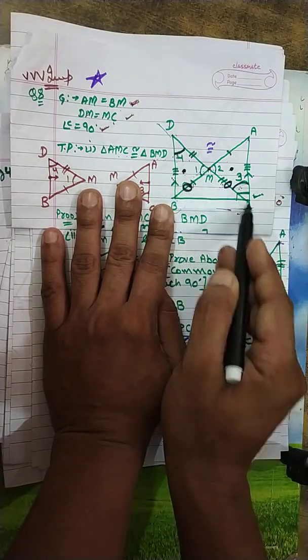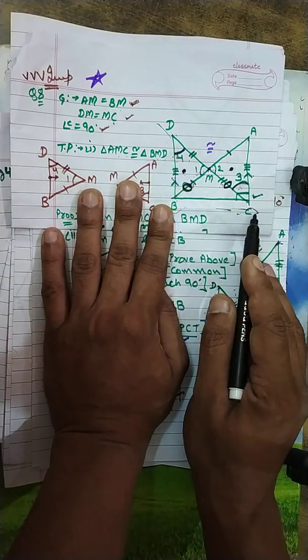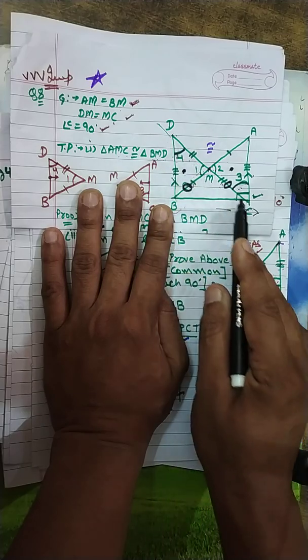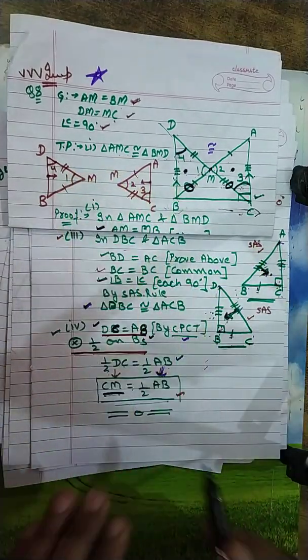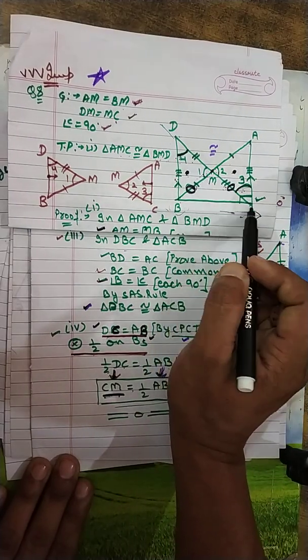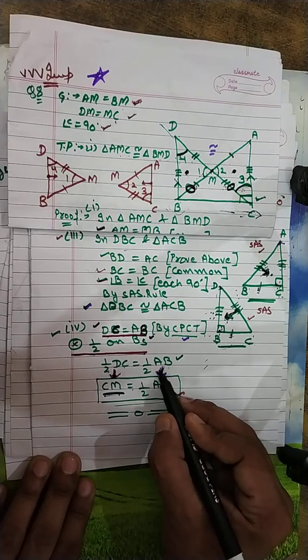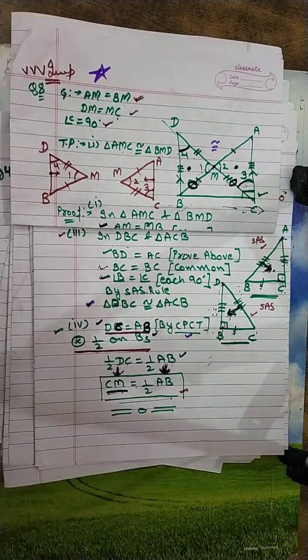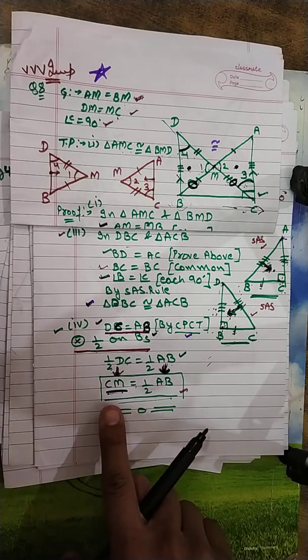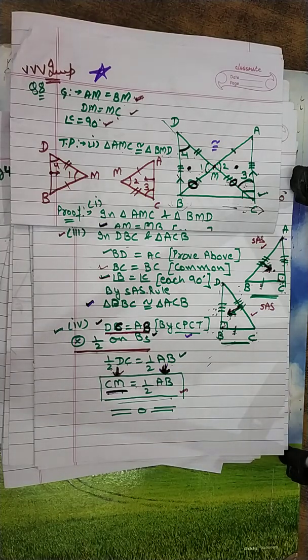If DM equals MC, then M is the midpoint of DC. So instead of half DC, I can write CM because it is half of the DC line. Keep half of AB as it is. Therefore, CM equals half of AB. That's the fourth part. Clear, everyone?